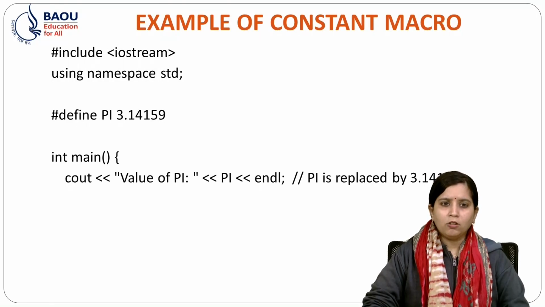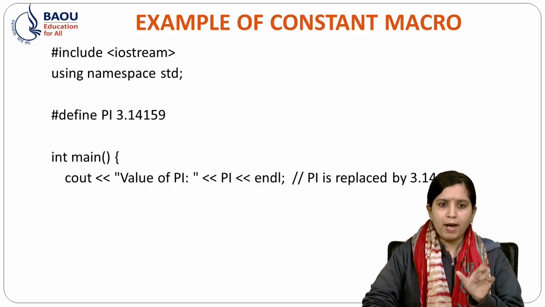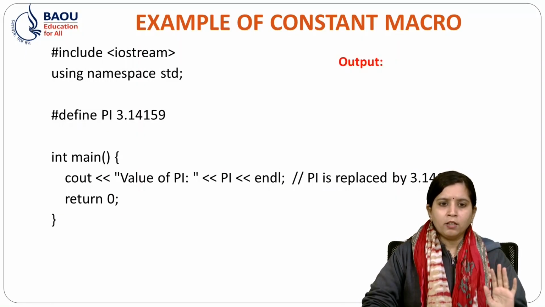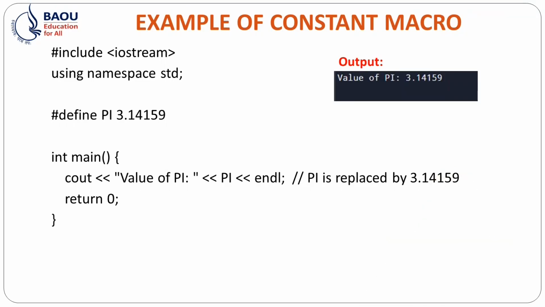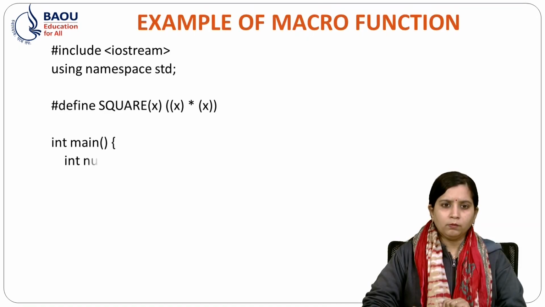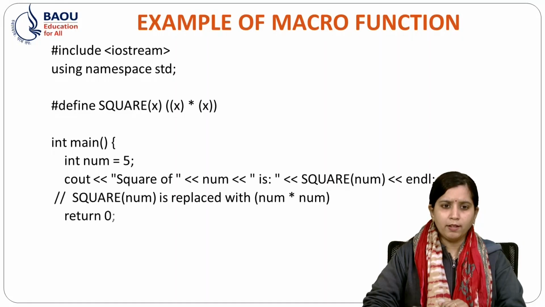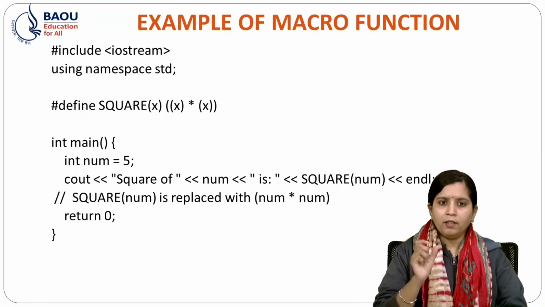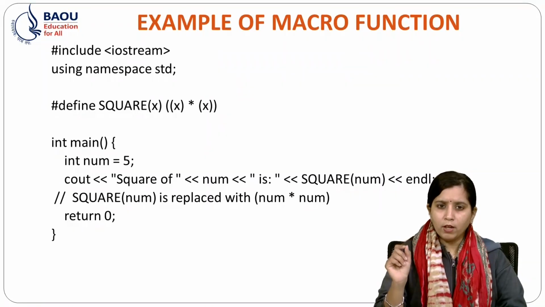What I have done over here is defined PI as my constant macro, and I am simply printing the PI value, that is 3.14159. Example of a macro function. What I'm doing over here is I have defined the square function, that is SQUARE(x), and it does x into x.